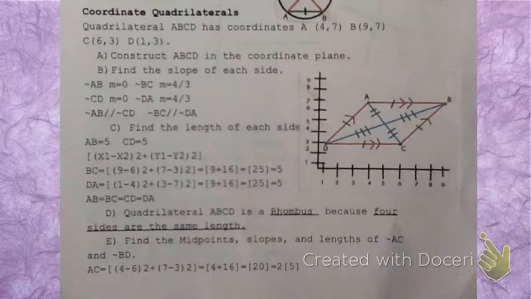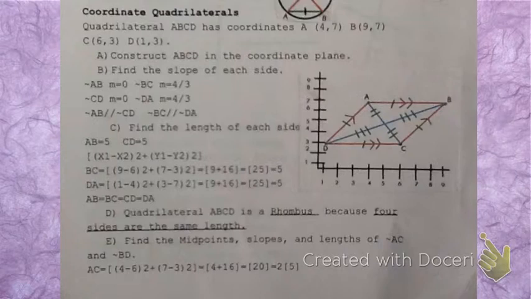Line AB is equal to 0. Line BC is equal to 4/3. Line CD is equal to 0. And then line DA is equal to 4/3. So, therefore, you can gather that line AB is parallel to CD and BC is parallel to DA.